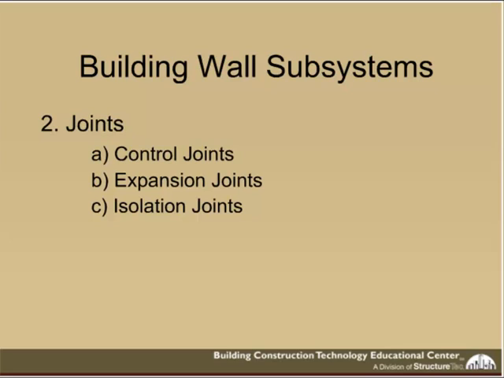Concrete, conversely, as it continues to cure over time, shrinks. So you can get either way, you're accommodating either the growth and you're trying to keep them from smashing against each other, or you're trying to allow for them to shrink and separate and still have a good seal at that location. Isolation joints provide a seal between 2 dissimilar wall construction types.